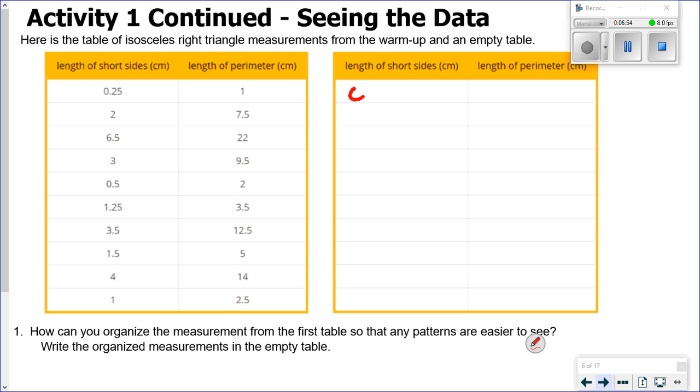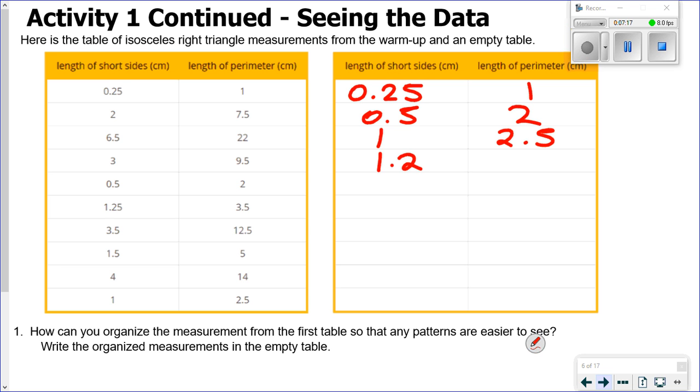So I noticed that the first entry is in fact the shortest of the shortest sides, and the perimeter is 1. I then noticed 2 is not the next shortest. The next shortest is 0.5, and that triangle has a perimeter of 2 centimeters. The next one after that would be a side length of 1 centimeter with a perimeter of 2.5 centimeters.